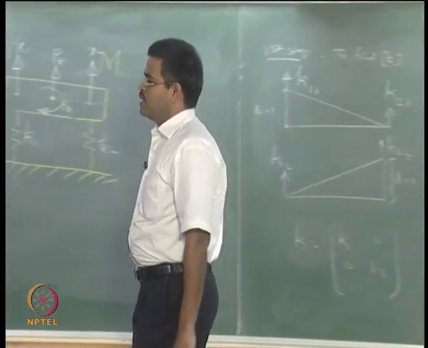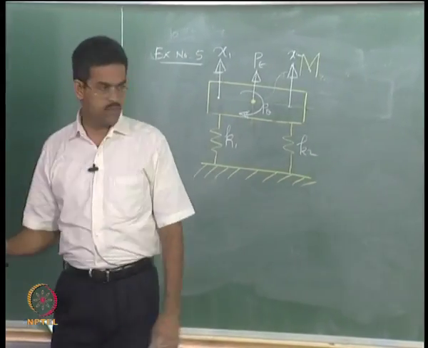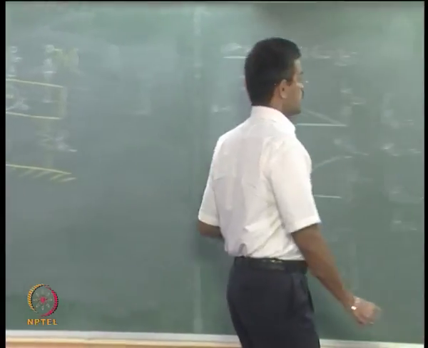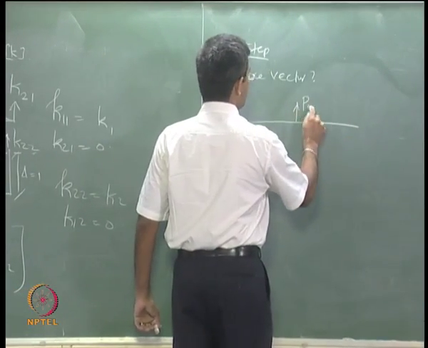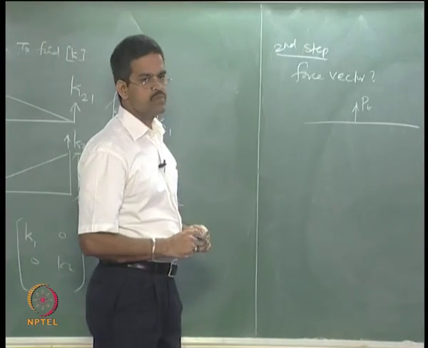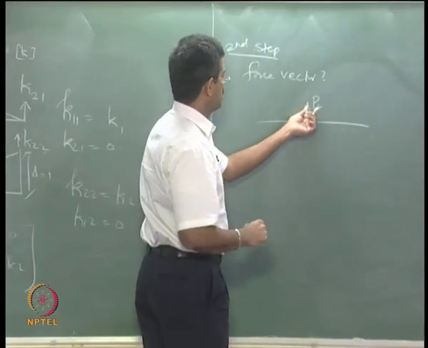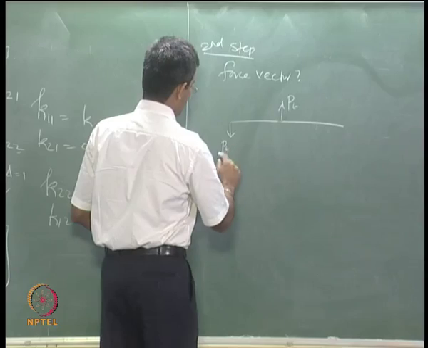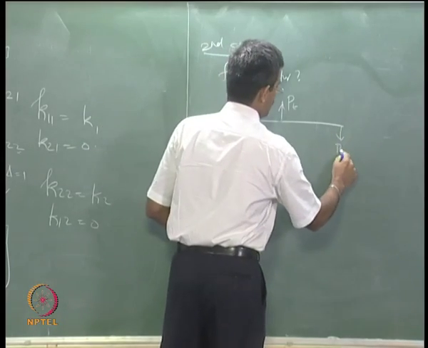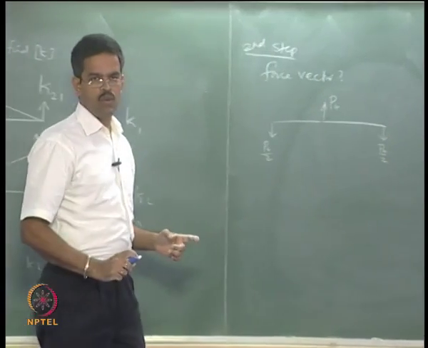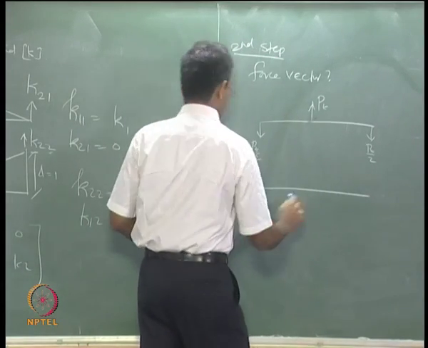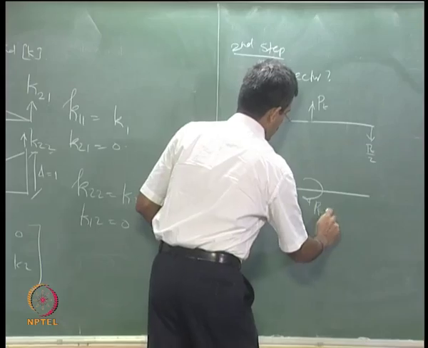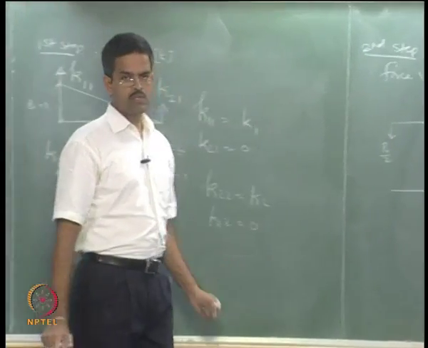What would be the basis to find this? I pick up this deck and apply, let us say, Pt, and the components of this will be, because of symmetry, Pt by 2 and Pt by 2, and I apply P theta which is clockwise.